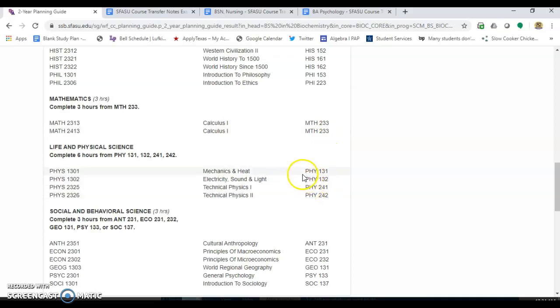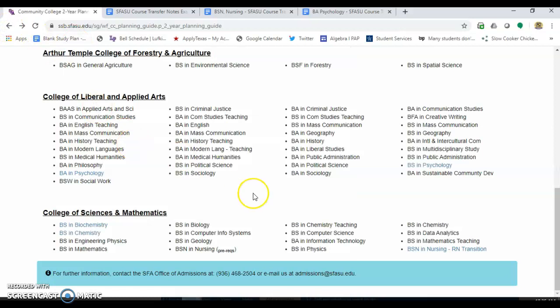Again, these sciences are not sciences that we offer dual credit, and so it would not be a good idea for a biochem major to take biology for non-science majors. But the math and the science are good things to pay careful attention to, but you want to pay careful attention to all of this to make sure that you're getting the correct credits.